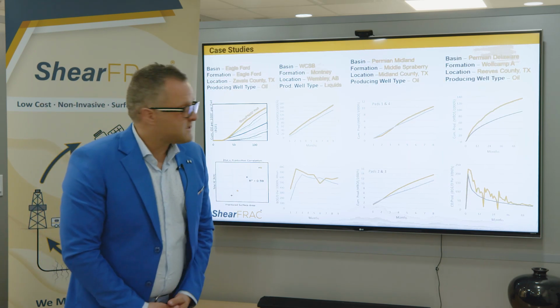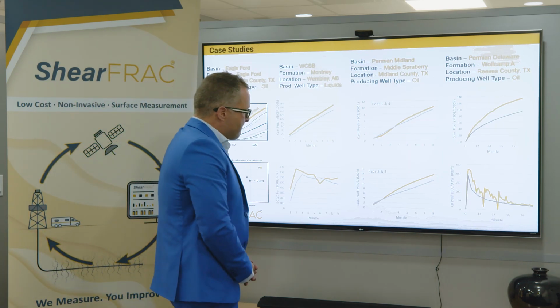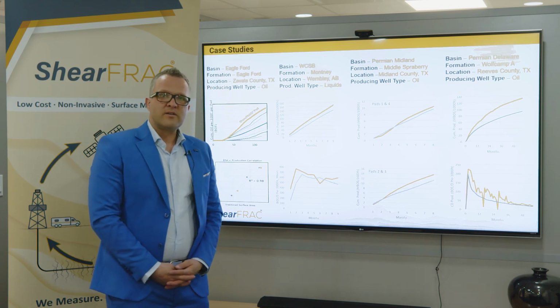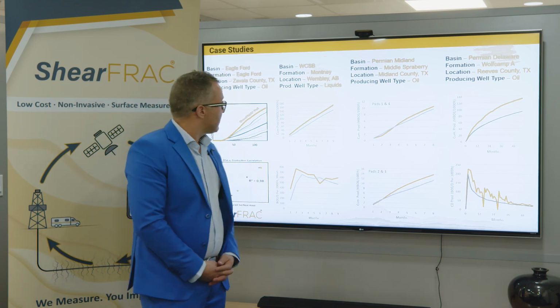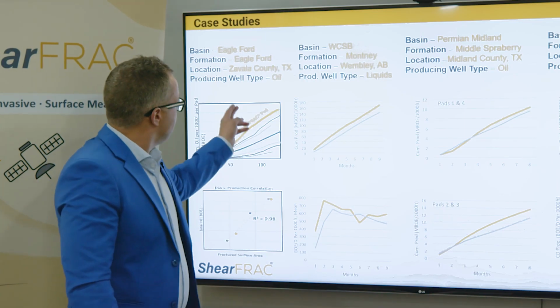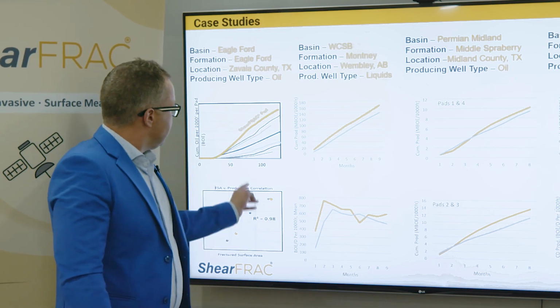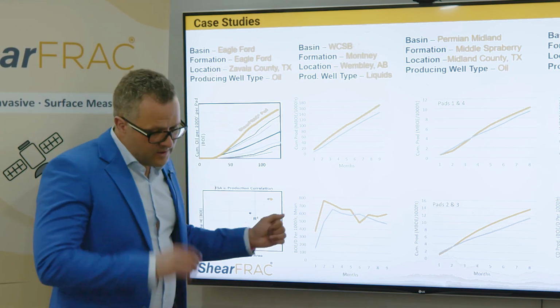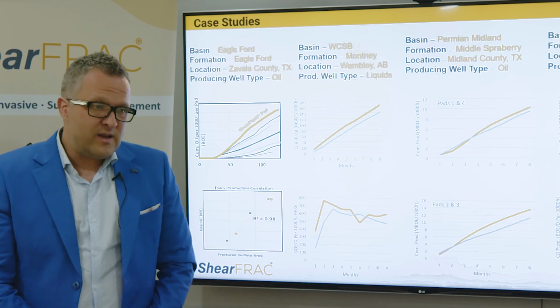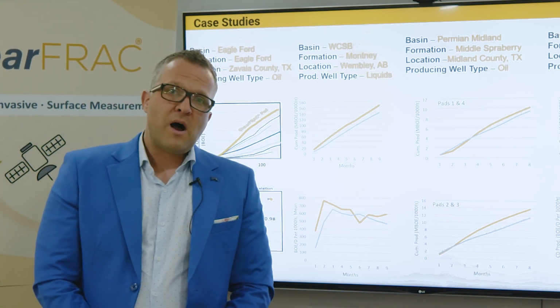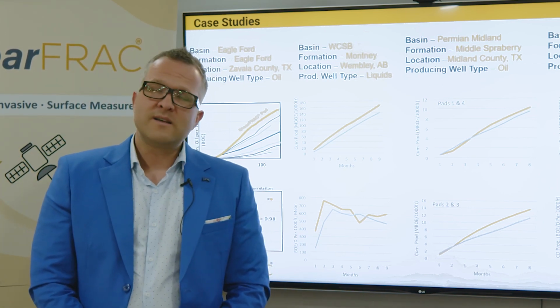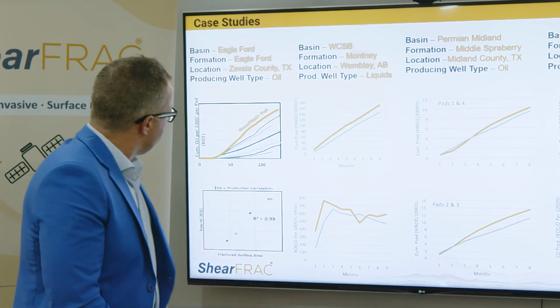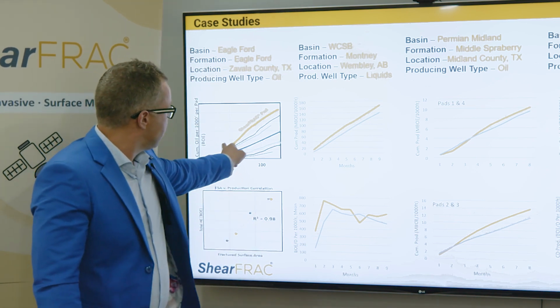When I look at case study examples, we could probably go into these for another 30 minutes of case studies, but very, very high level. Here's an example of the Eagleford. We were with a company in the Eagleford, and we increased their production by 21%. You can see here's a ShearFrac pad.